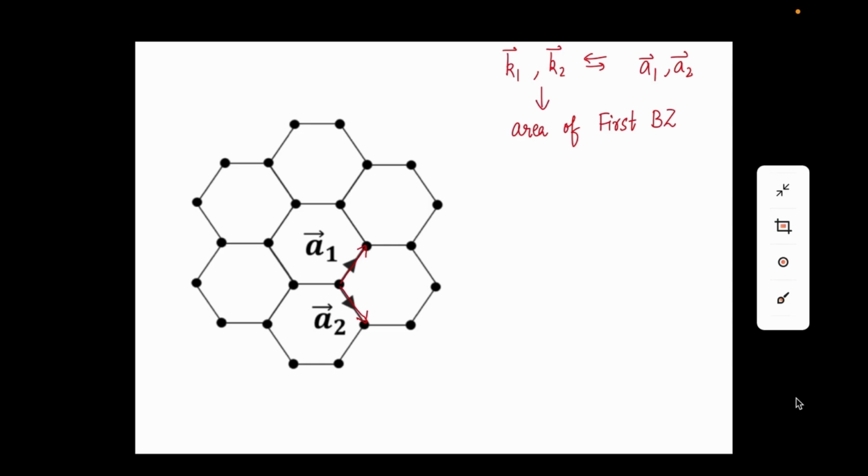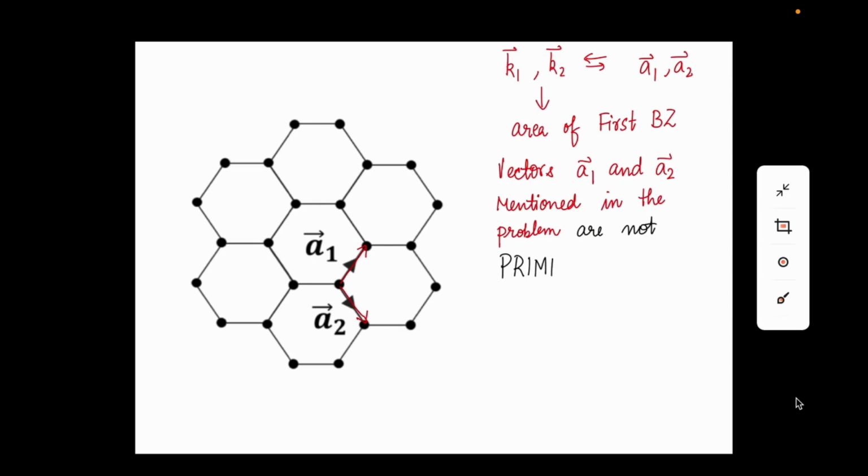But that is the wrong answer, because these vectors, A1 and A2 mentioned in the problem, are not primitive lattice vectors. They don't describe a unit cell.